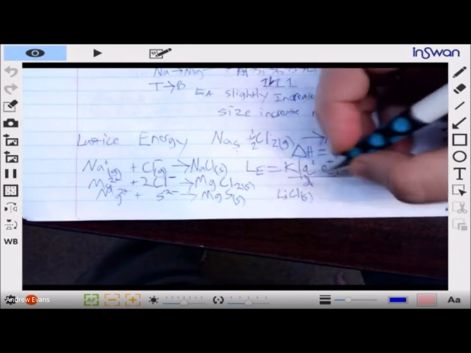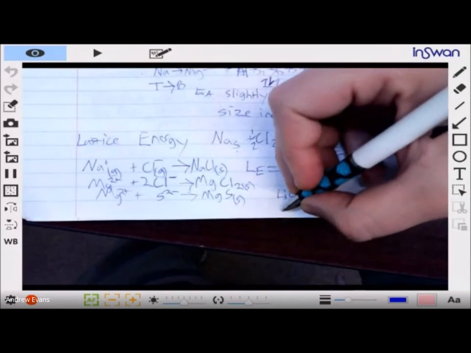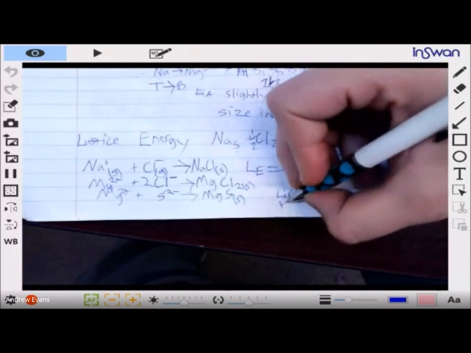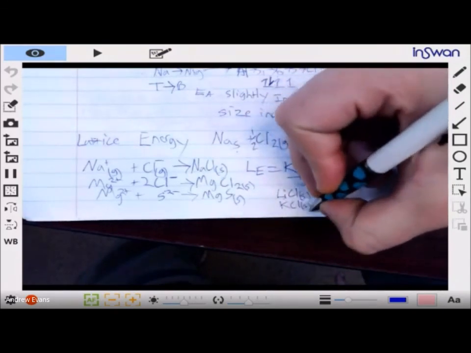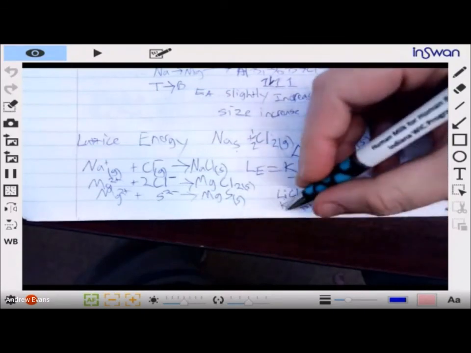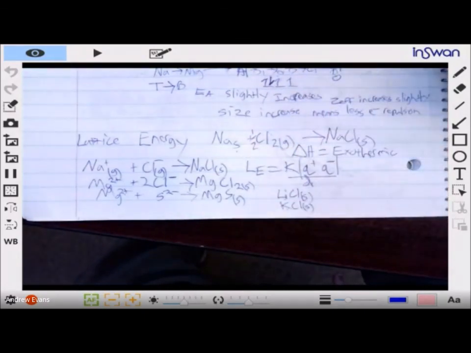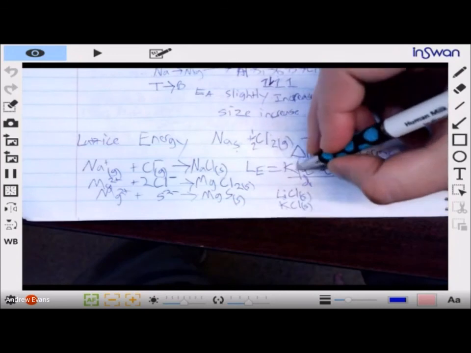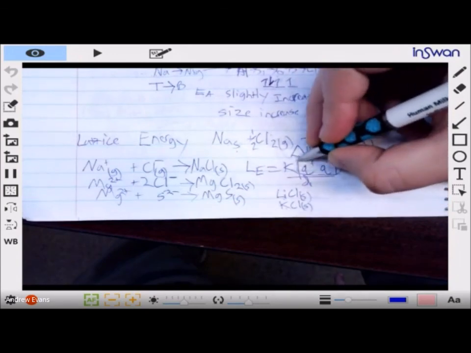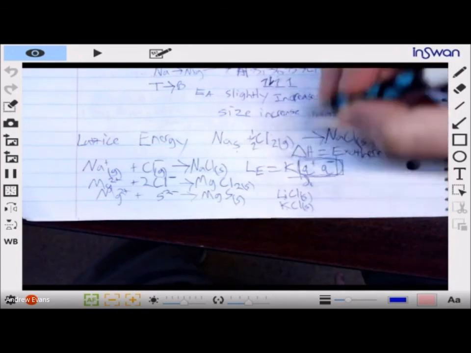If I said, instead of lithium, potassium chloride, it would have a lower lattice energy because potassium is bigger than sodium. But typically, charge is the number one defining factor, before we talk about size.